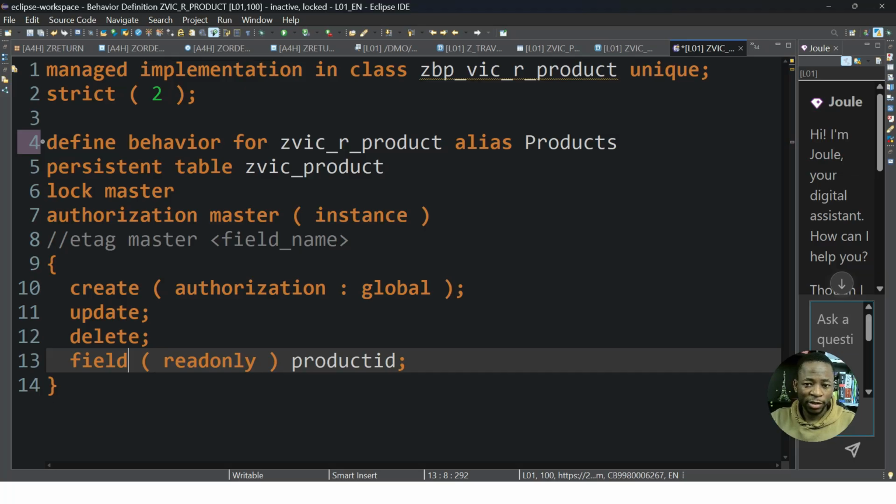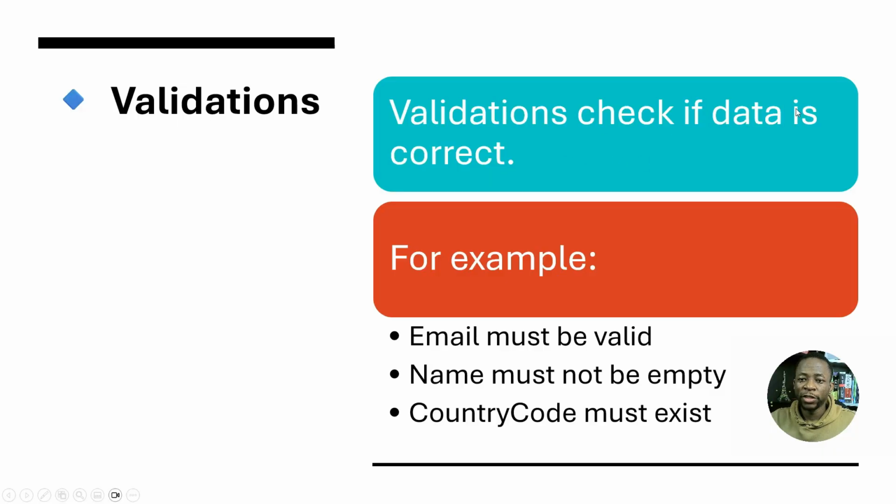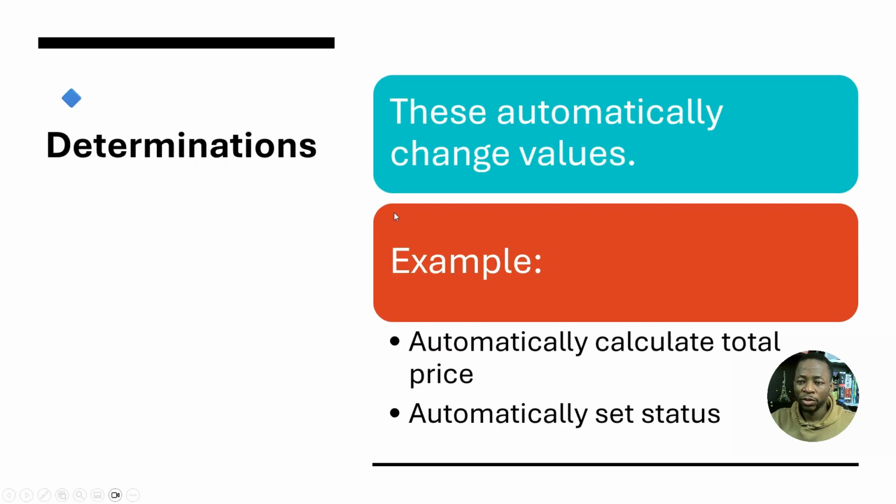There are also validation checks. In the business object, validation checks if data is correct. For example, email must be valid, name must not be empty, country code must exist. You define validations in the behavior definition, but you implement them in the behavior implementation class. There are also determinations. These automatically change values.